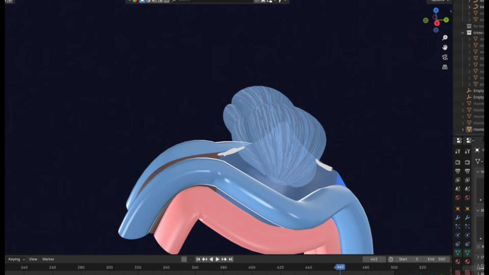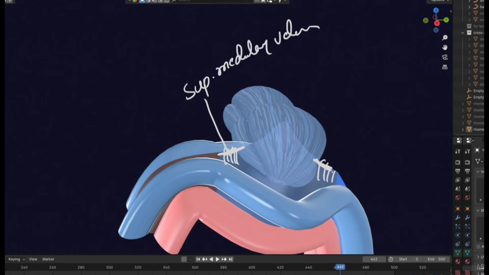So these are the parts of the roof plate to which the cerebellum is attached. Of course, they are covered with the pia mater, and these are basically called the medullary vellum. This is the superior medullary vellum, and this is the inferior medullary vellum.